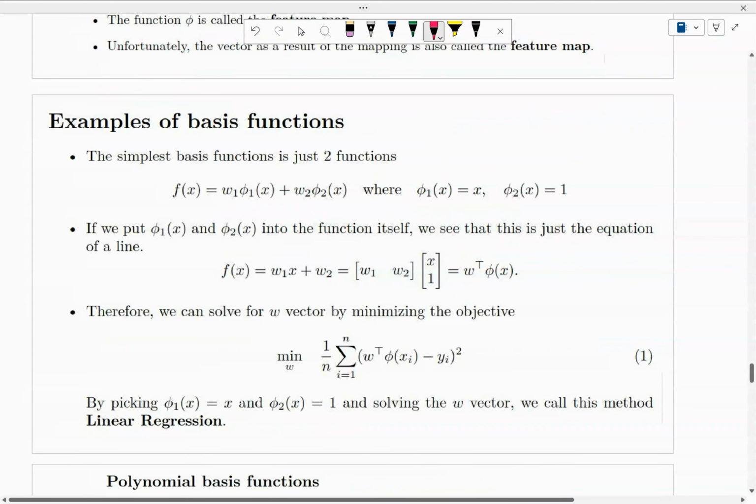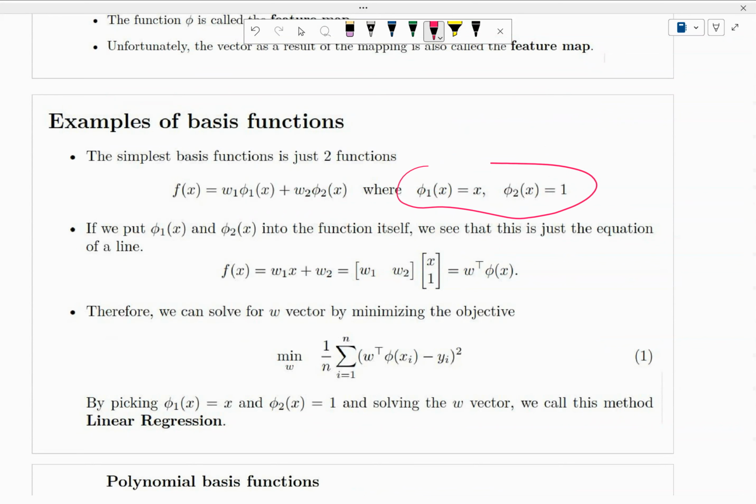Or maybe it does. And the second function: any number you put in, it's always going to return 1. So this right here is called a linear function. This is one of the earliest and the simplest ones you pick.